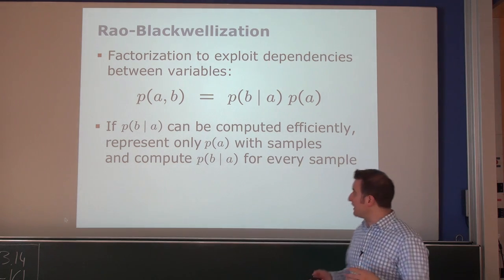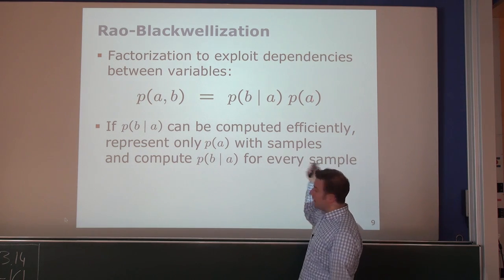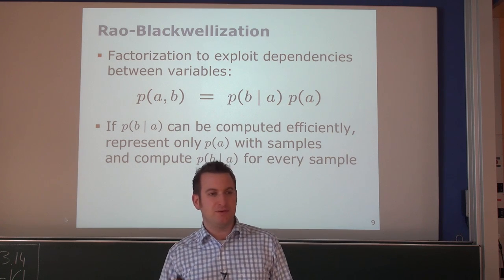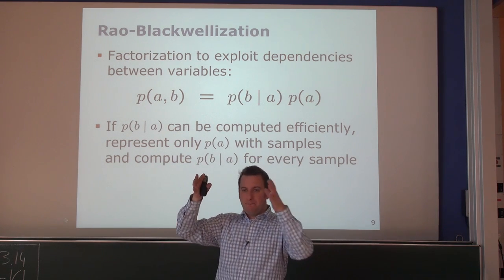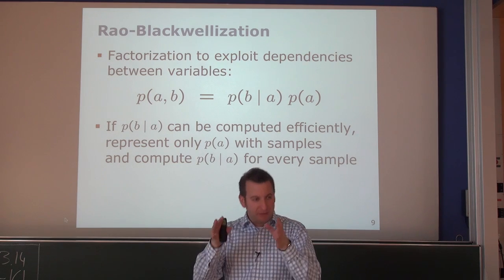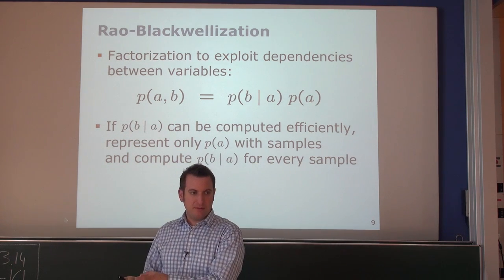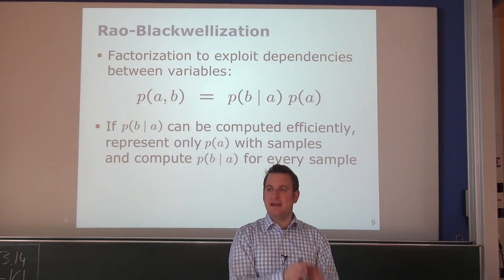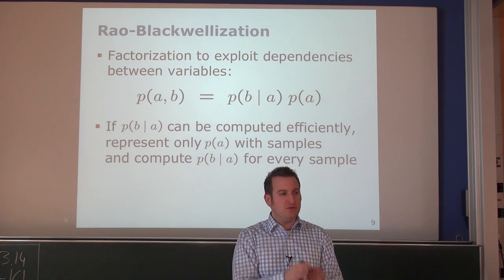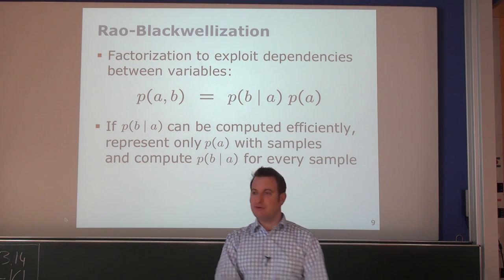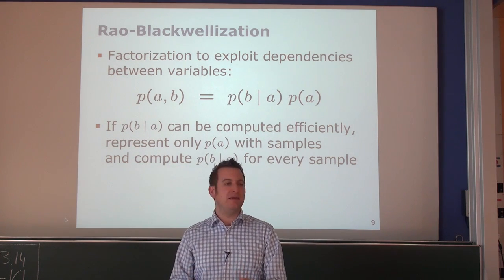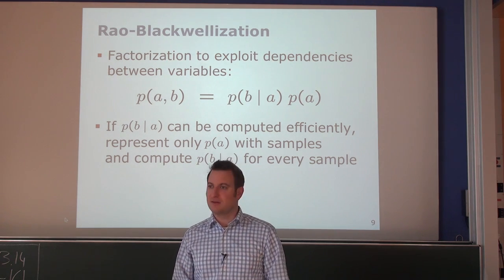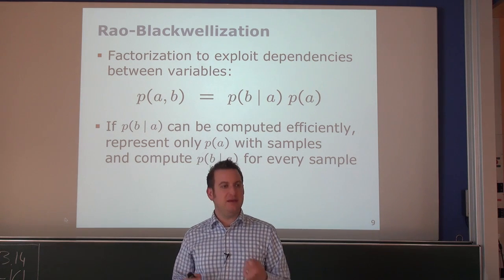What does it mean for us here? A is the trajectory or the poses of the robot, and B is the map. So instead of computing P of A and B, the robot's poses and the map, with particles, let's take only P of A, the trajectory of the robot, use samples to represent that, and then for every sample compute P of B given A, the likelihood of the map given the trajectory, in an efficient manner. That's the key idea behind that.